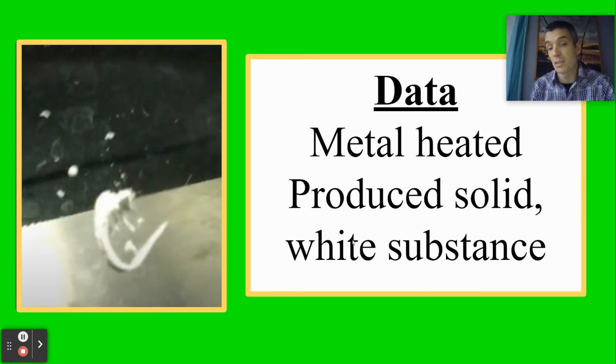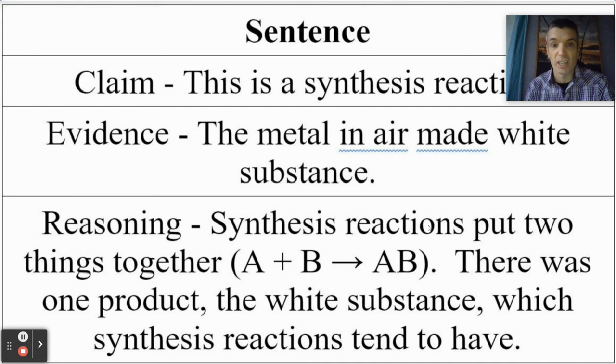And that white substance is actually magnesium oxide. I only have two reactants and one product. Therefore, that'd be a synthesis because synthesis is A plus B yields AB. And that's what a classic synthesis reaction looks like. Here's what that might look like if I were to write it up.